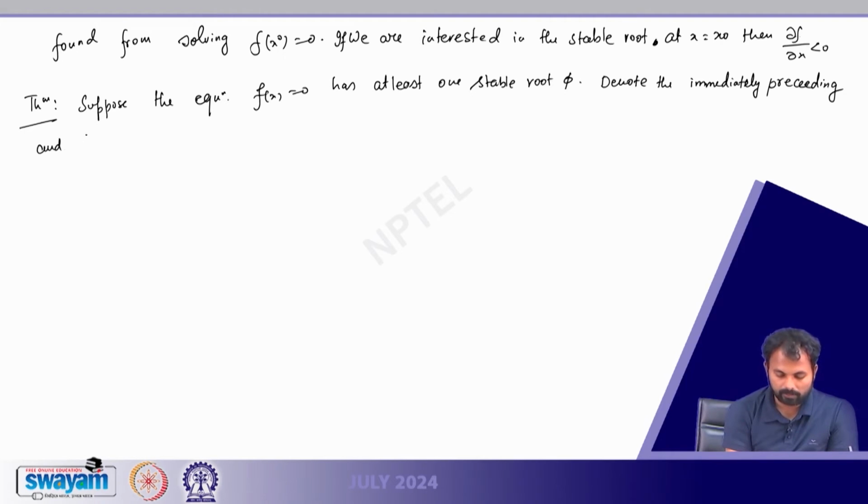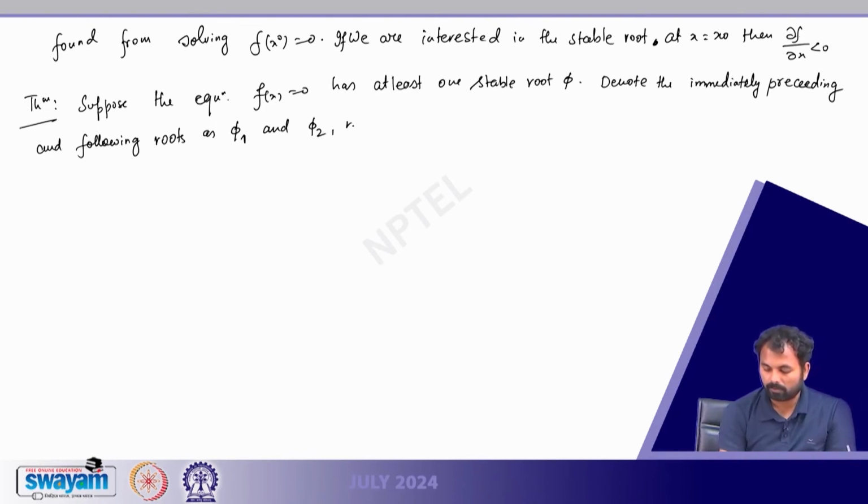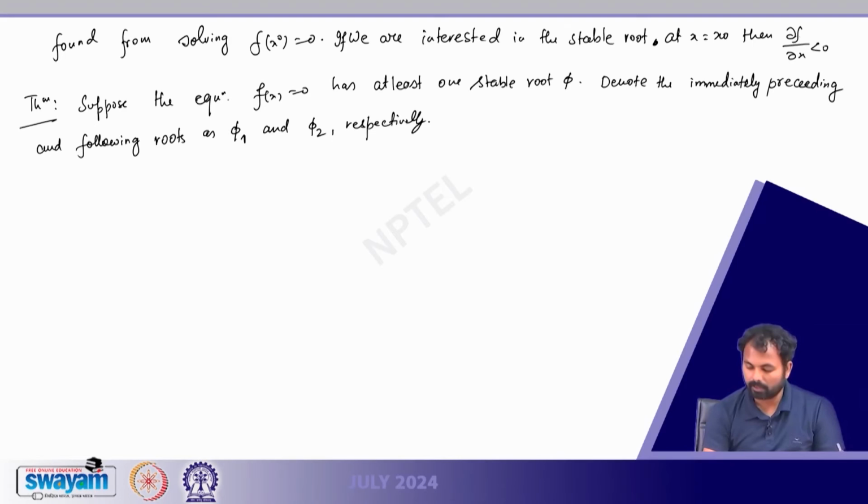and following roots as phi 1 and phi 2 respectively, that is phi 1 less than phi 2.